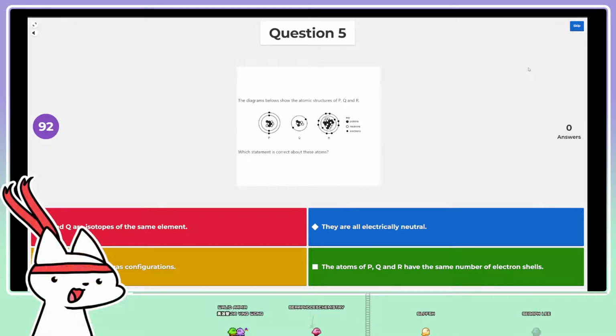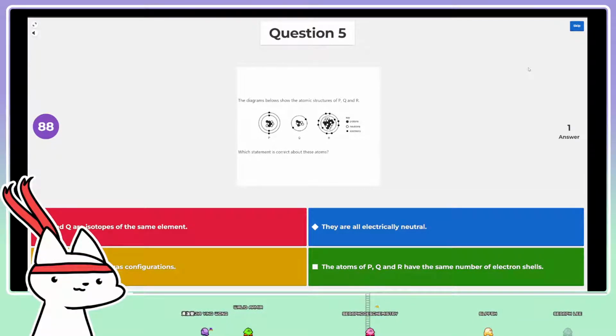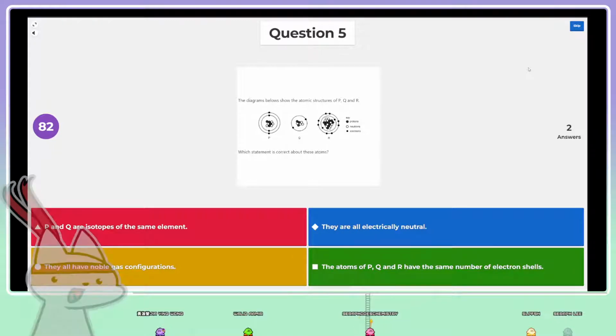Be careful of this question because you need to determine whether it is considered an atom or an ion by counting the number of protons and electrons. You need to be careful with this.